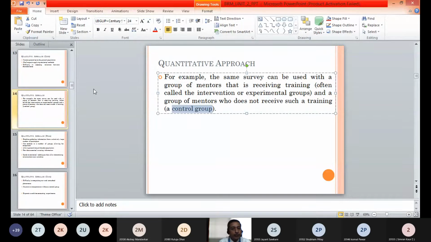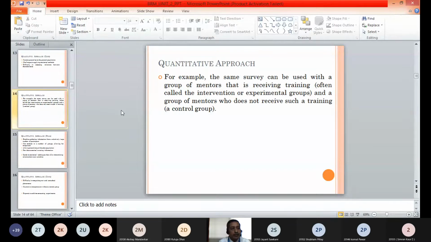The group for whom we have provided the training is called the intervention group or experimental group, and the other group wherein the mentors are not given any training is called the control group. So we'll see the effect of training by conducting a survey. We'll take the feedback from both these groups, and then we'll compare what the effect of training is. That type of quantitative research can be conducted through this quantitative approach.